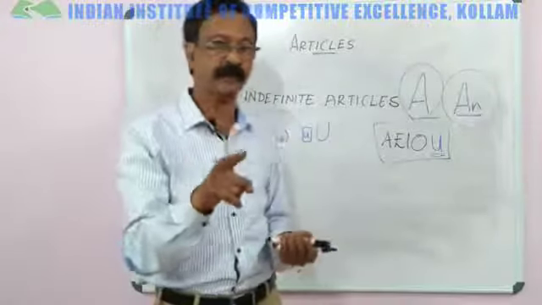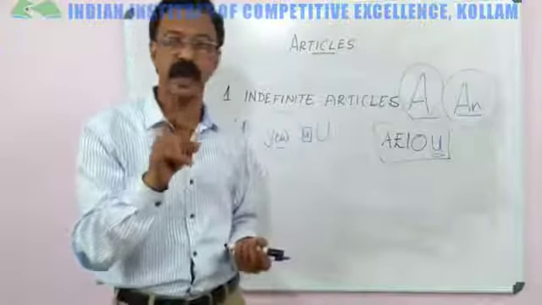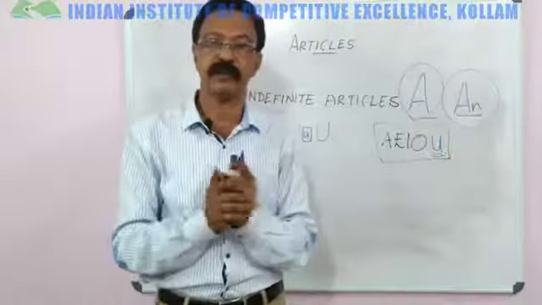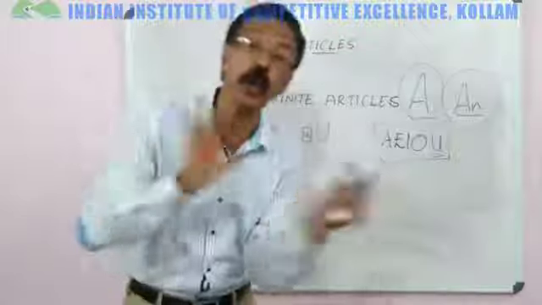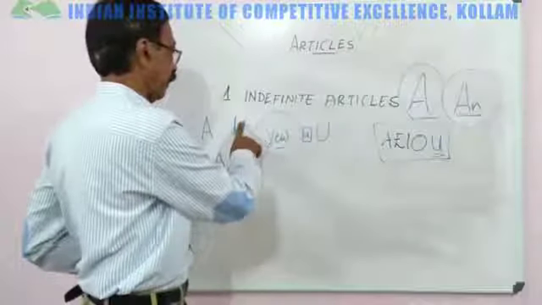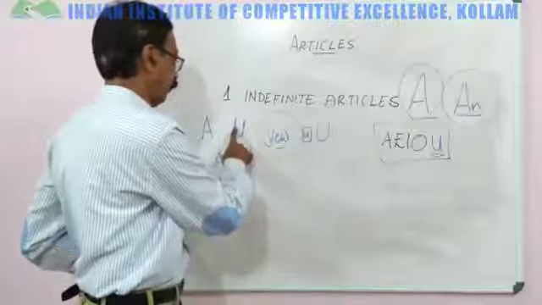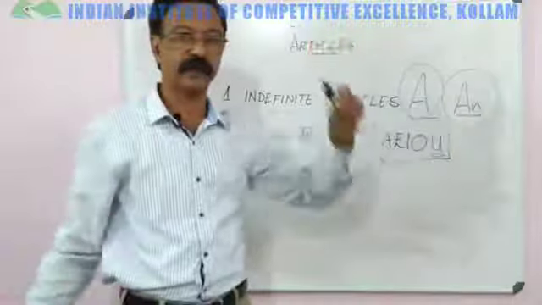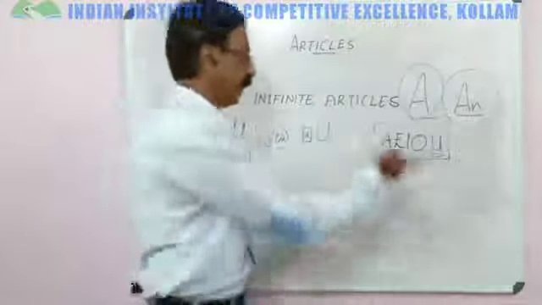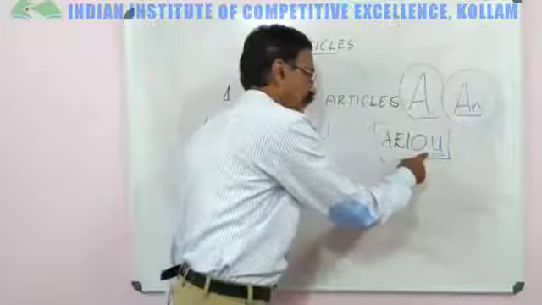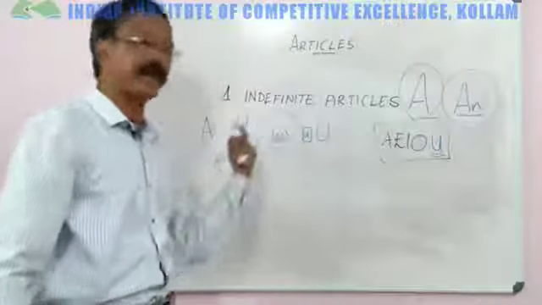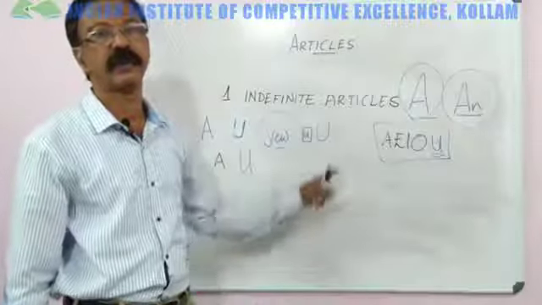So make it clear, with those words or nouns starting with the sound of a consonant, though they have a vowel as the first letter, the letter is a vowel alphabet but it does not sound as a vowel.